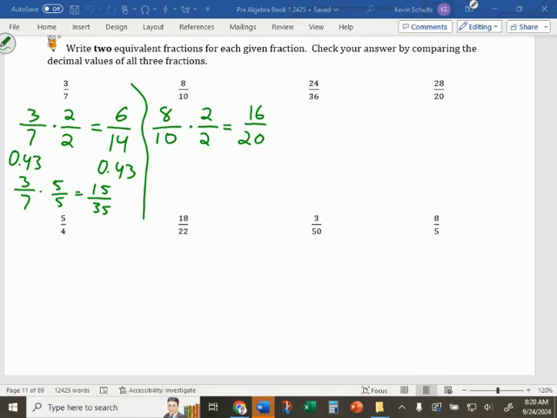Now let's do one with division. What can we divide 8 and 10 by? 2. Show me you're dividing by 2 over 2, because when dividing by 1, does the value change? No. Same with multiplying by 1. Show me what the new fraction is. 8 divided by 2 is 4. 10 divided by 2 is 5. And then I want you to write the decimal value of what these 3 fractions all are.